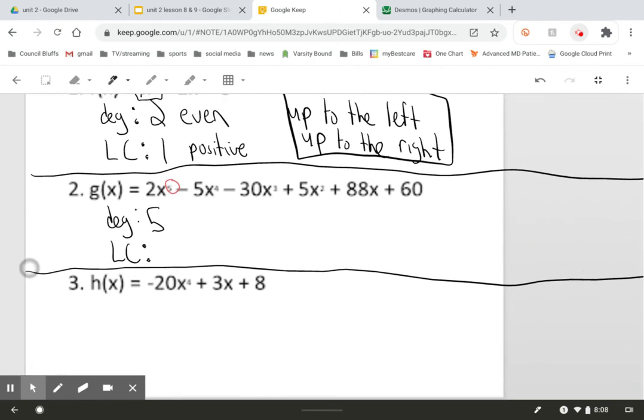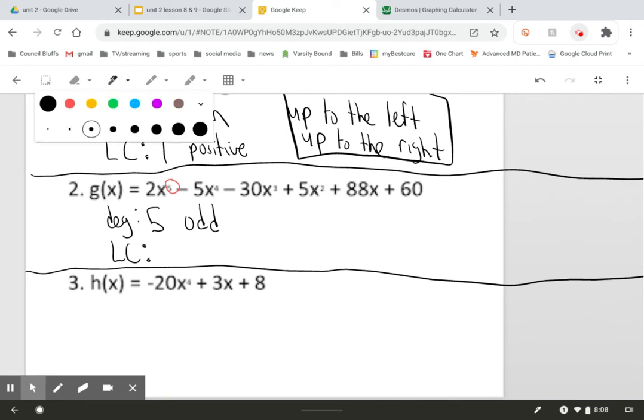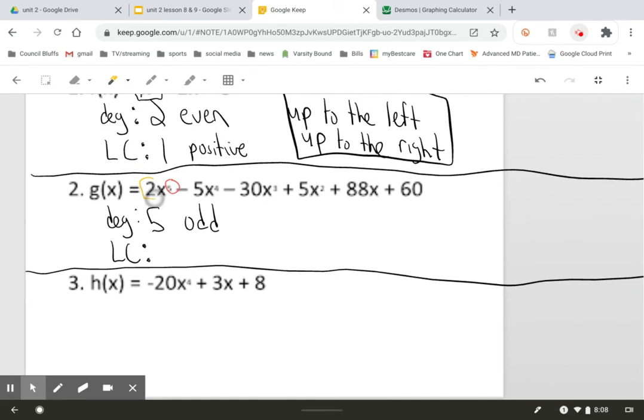Okay, and 5 is obviously an odd number. And the leading coefficient is the coefficient of the term with the largest exponent. So in this case, the leading coefficient, we would say, is 2, which is a positive number.